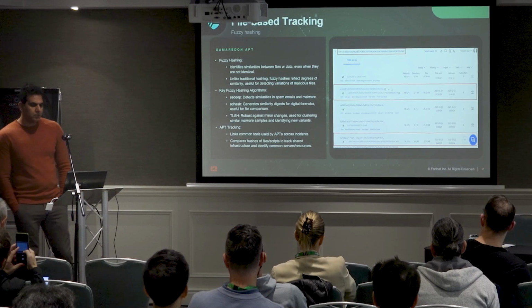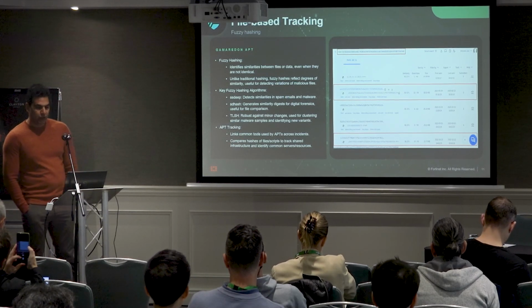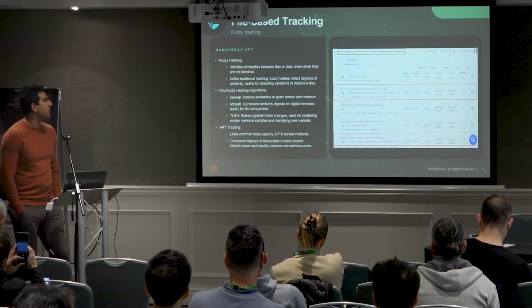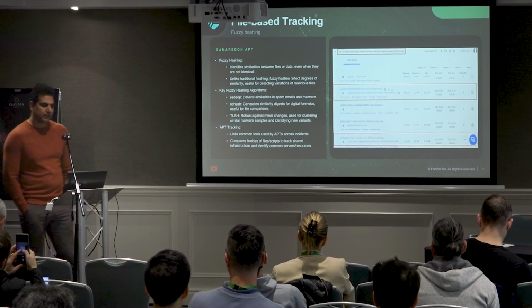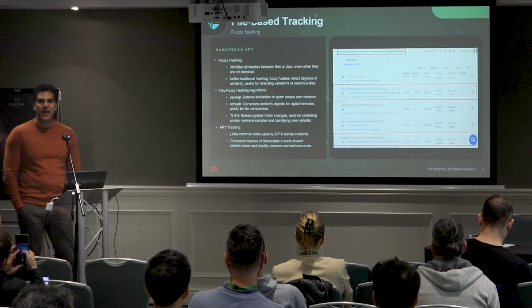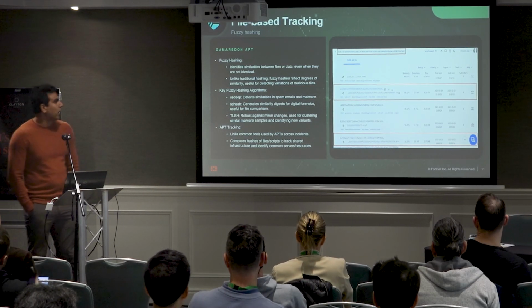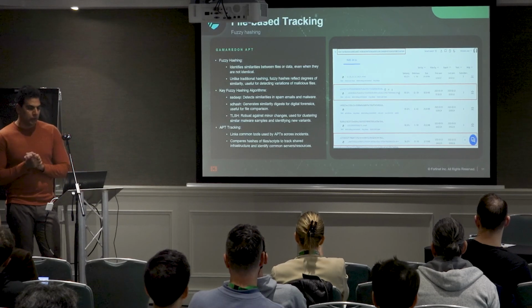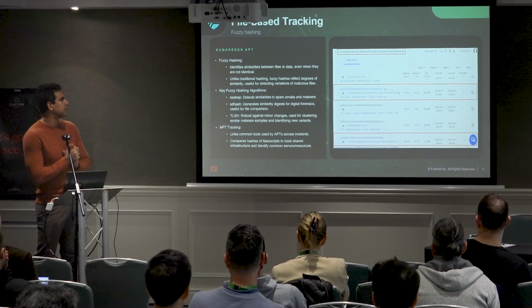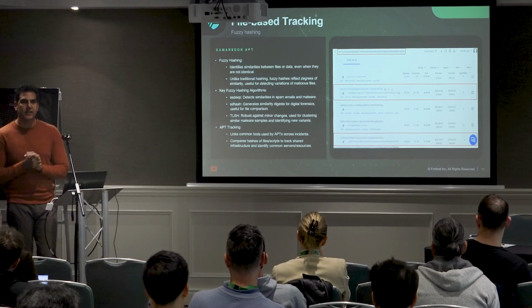Okay. Another pivoting method that can be used to track APTs and identify malware families or malware variants is fuzzy hashing. There are several methods to calculate fuzzy hashing, such as SSDEEP, SDHash, and TLSH.